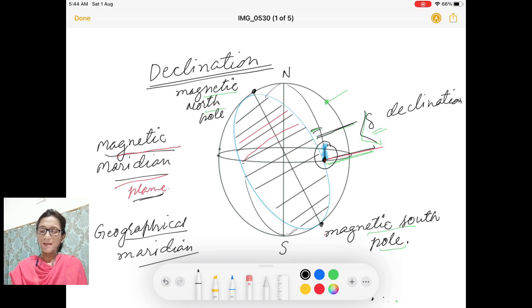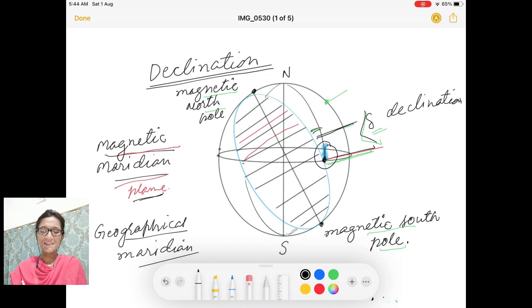And the magnetic meridian is a plane surface. When you cut Earth at that point, the plane passing through the magnetic north pole, the magnetic south pole and the point itself is called the magnetic meridian. You can draw a plane taking any 3 points.